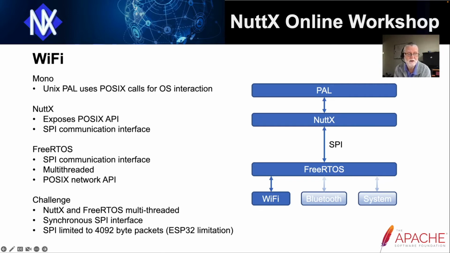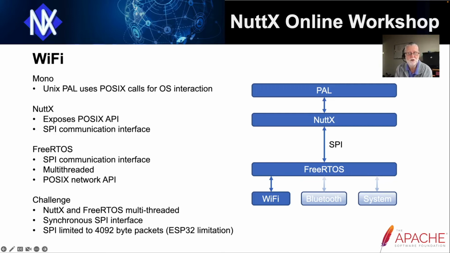So the challenges we have in this space, firstly, NuttX is multitasking, as are .NET applications. They have the possibility of being multitasking. So we don't know when an API call comes through to NuttX which task it has come from.